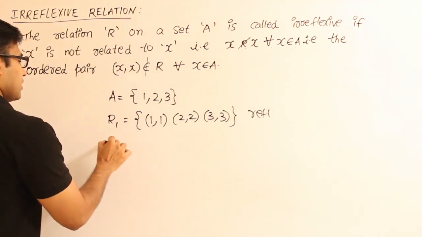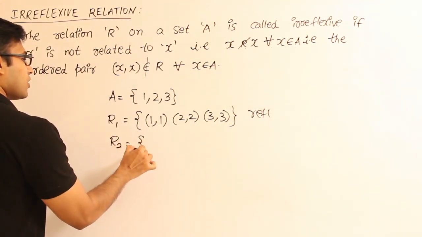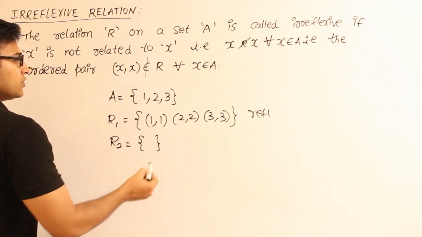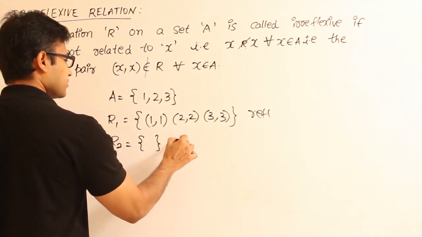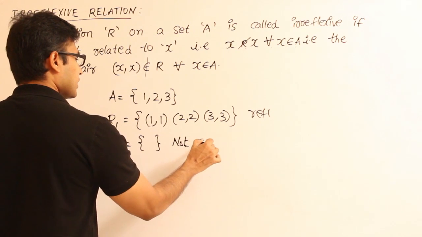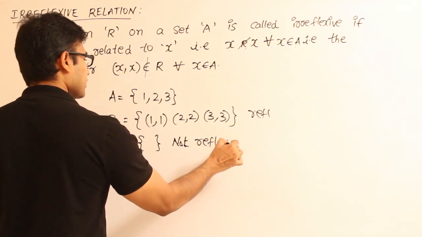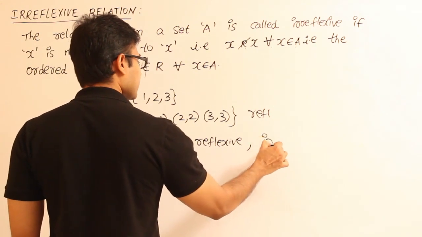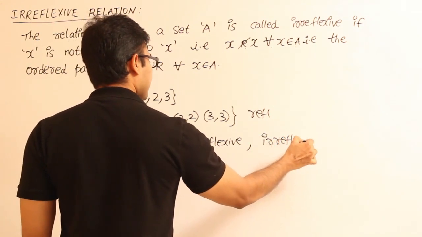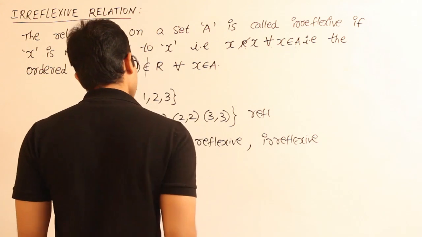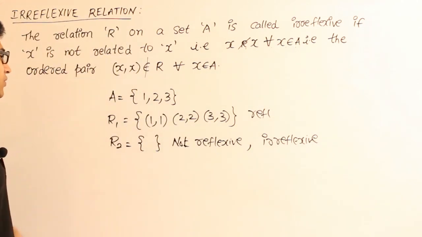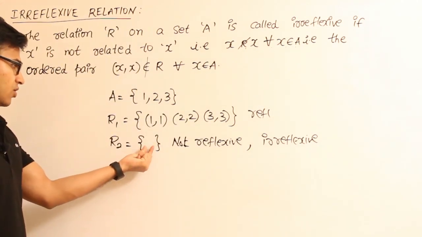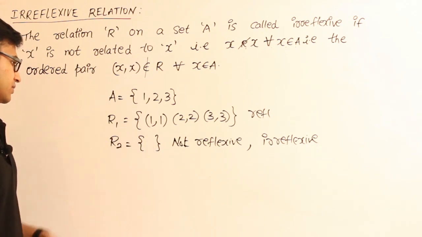R2 equals the empty set, we know that it is not reflexive, and moreover it is irreflexive. Why is it irreflexive? Because no element is present in this set of type (x, x).